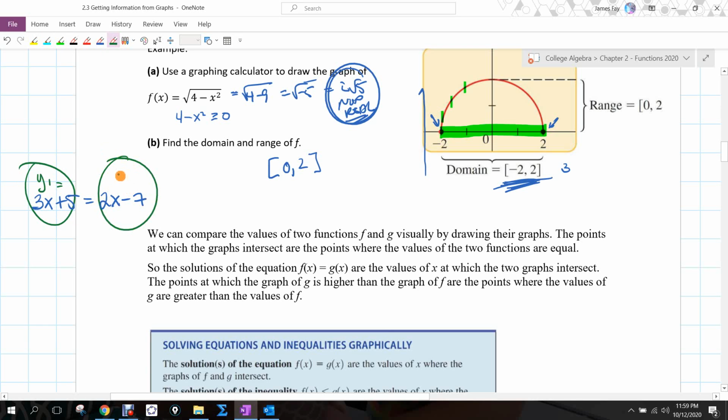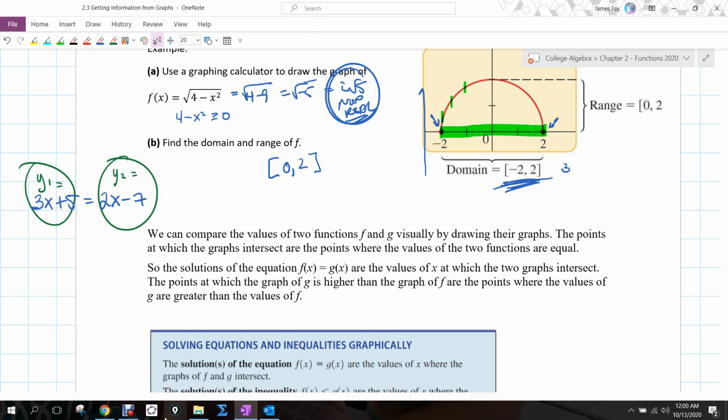Over here, we let this one be y2 and say y2 equals 2x minus 7. And what we do then is say that solution of x is where these two things cross. It's where they're the same. It's where the y values are the same.